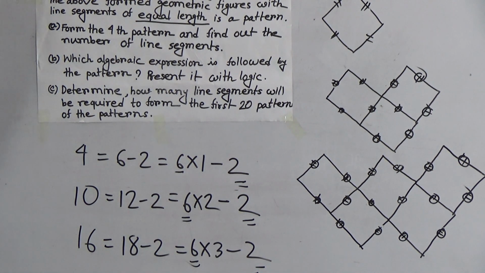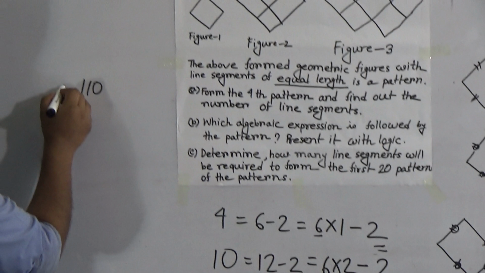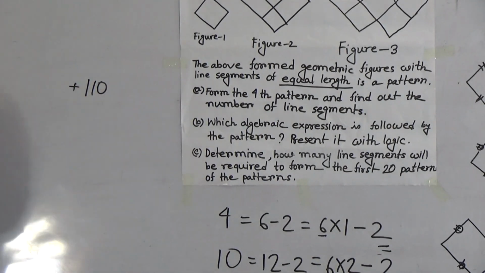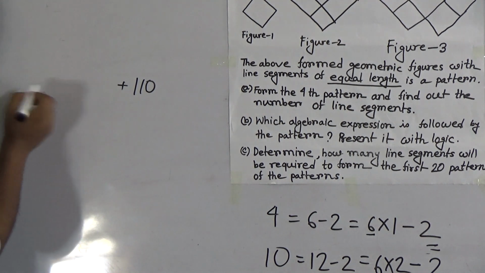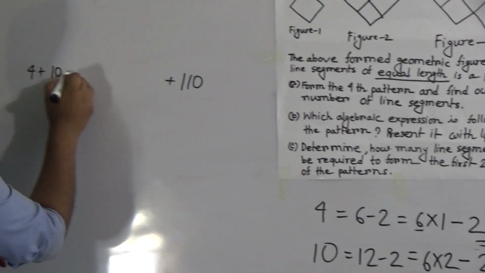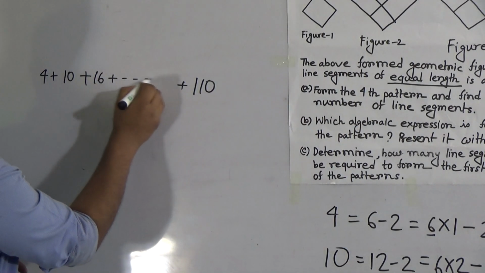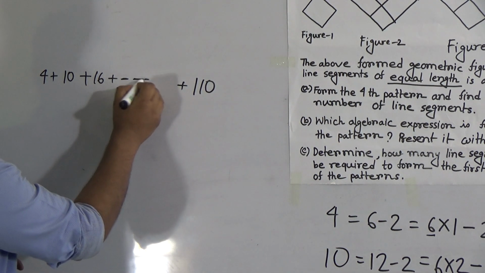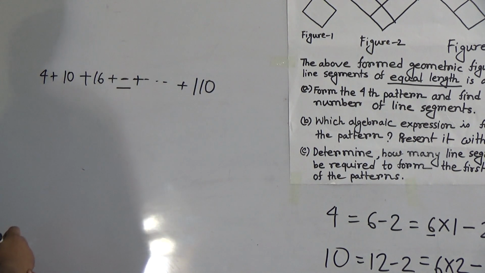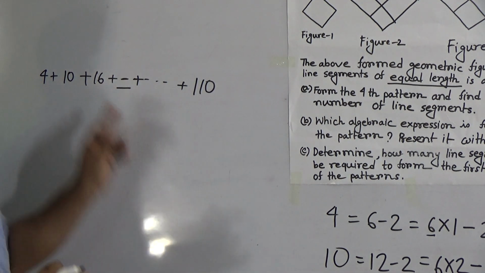Please notice, suppose that number is 110. The first figure contains 4, the second figure contains 10, the third figure contains 16, plus dot dot. For the fourth figure you must write here the fourth figure, and then dot dot dot. So now we find the summation of this series.